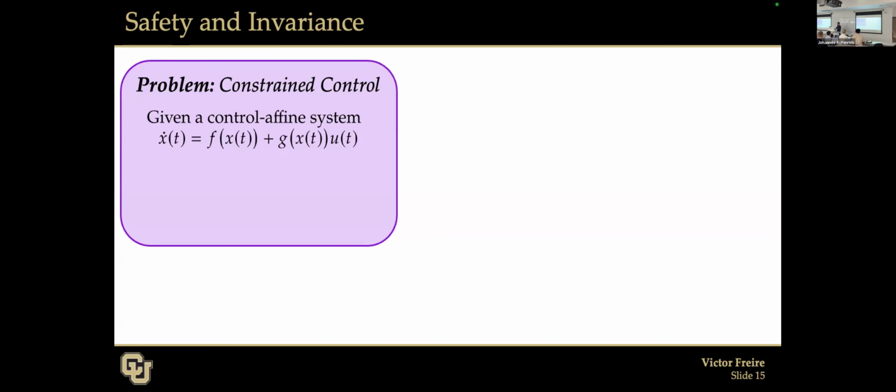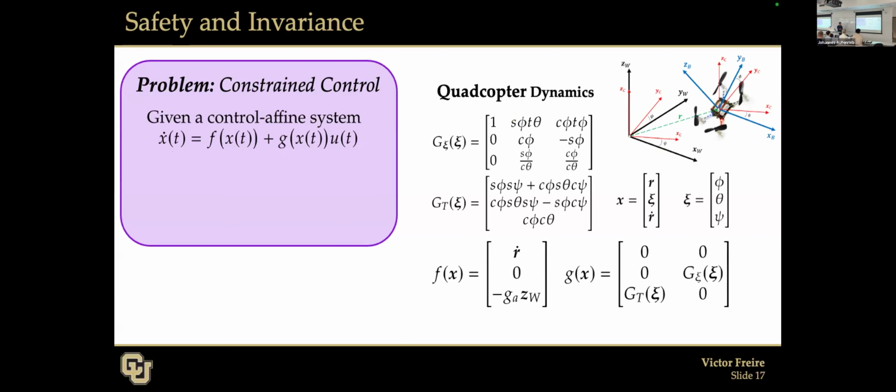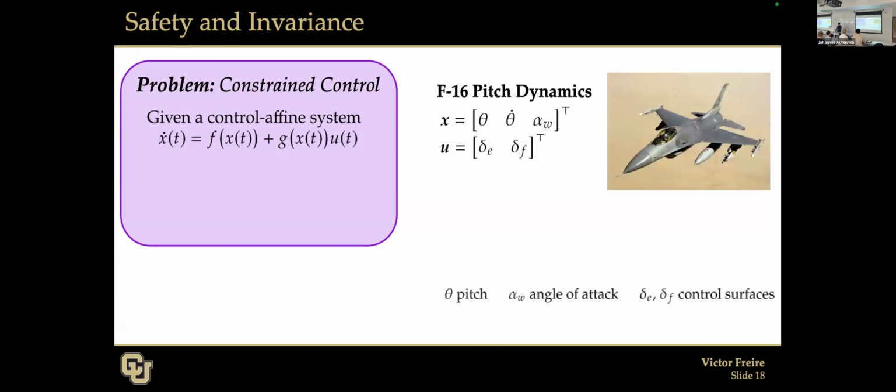So dynamics of this type, this is what the CBF literature considers. It's a very general class of systems. For example, here's the quadcopter with 9 states. The dynamics, you can put them in this control-affine form. Okay, this is the full nonlinear dynamics of the quadcopter with 9 states.